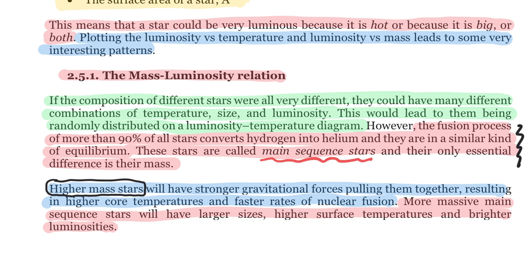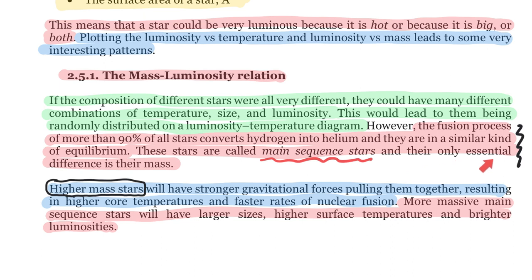However, the fusion process of more than 90% of all stars converts hydrogen into helium. And so they are in a similar kind of equilibrium. Now, these stars that convert hydrogen into helium as their main source of energy are called main sequence stars.